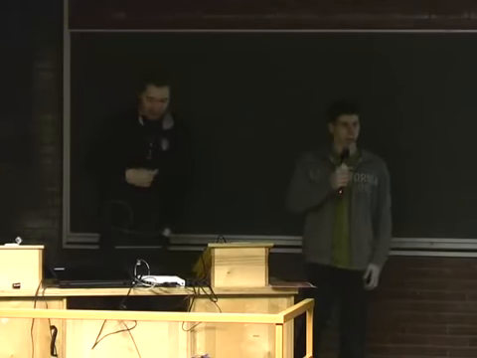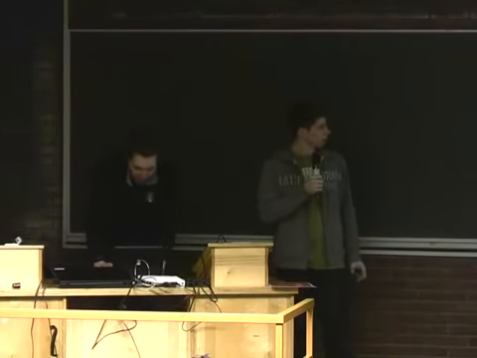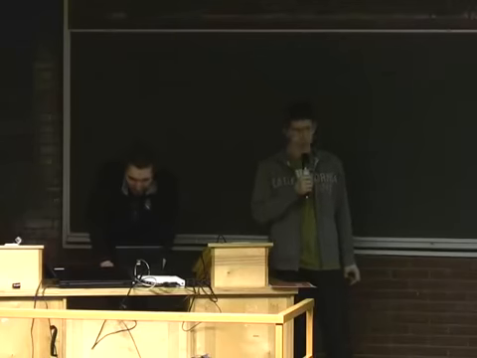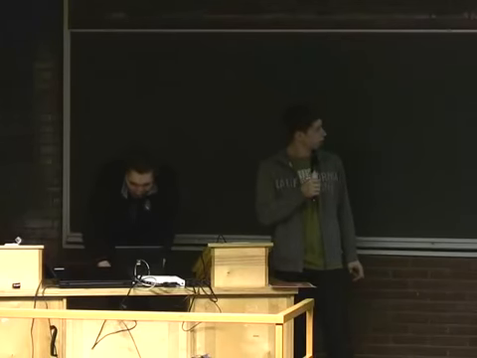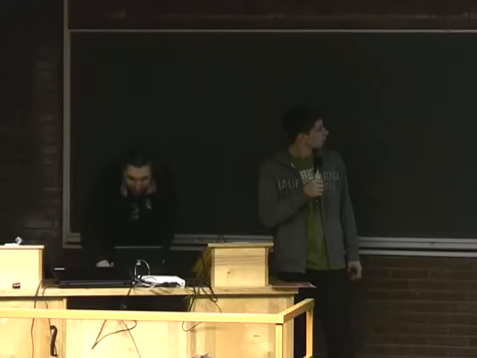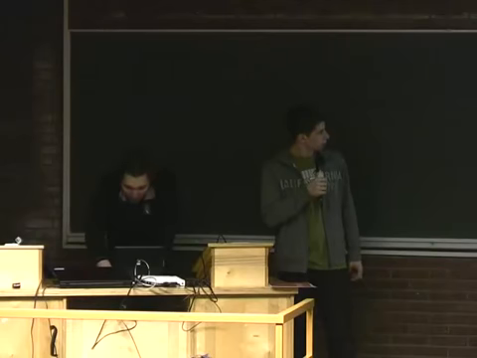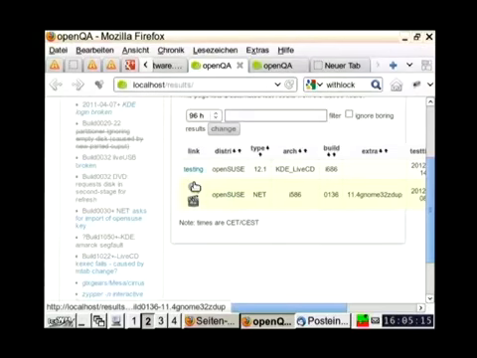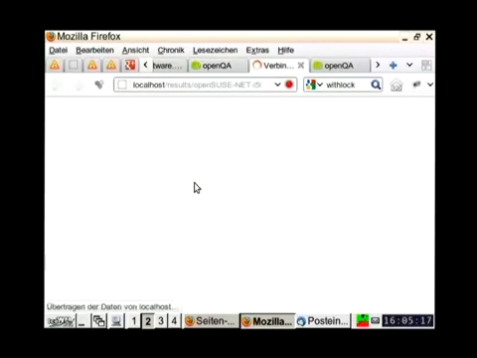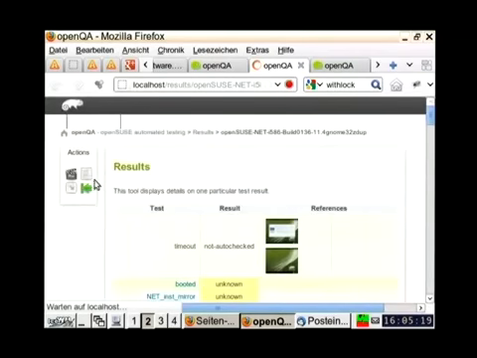It's not really standardized, but there's a sort of log file created. You can also download it through the web interface, and the log file is sort of machine readable, but not standardized, unfortunately.